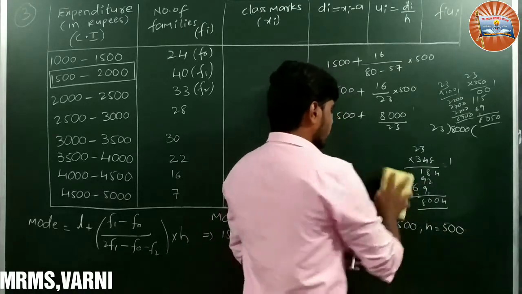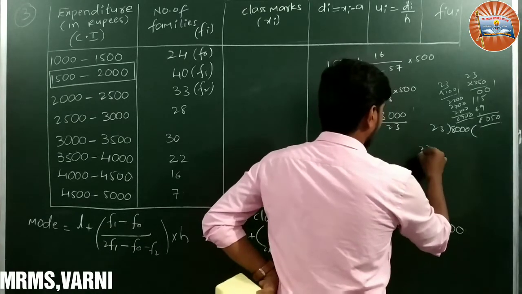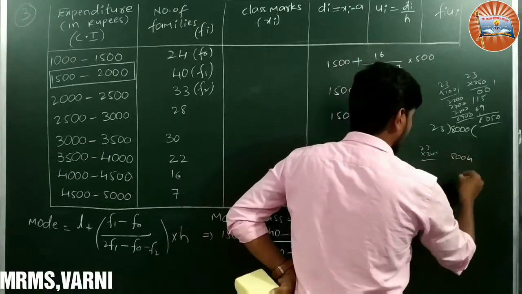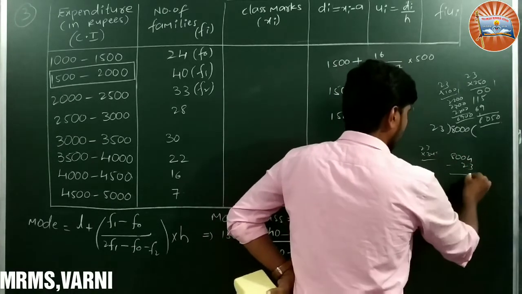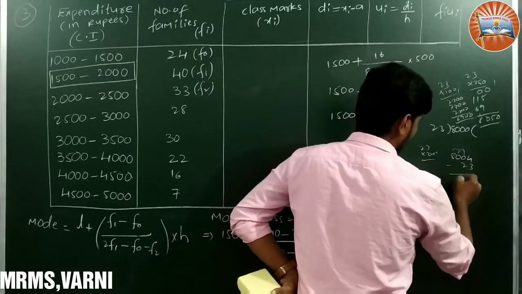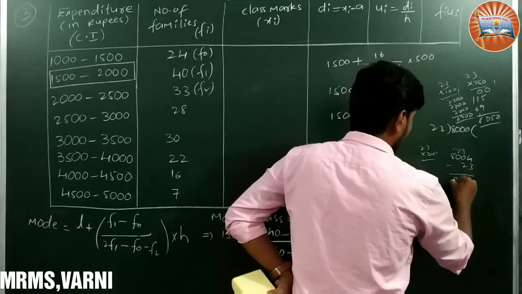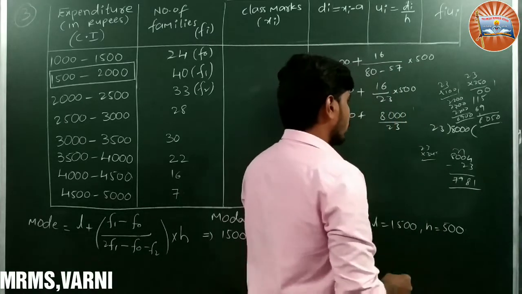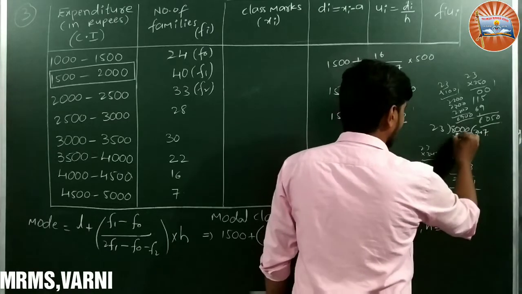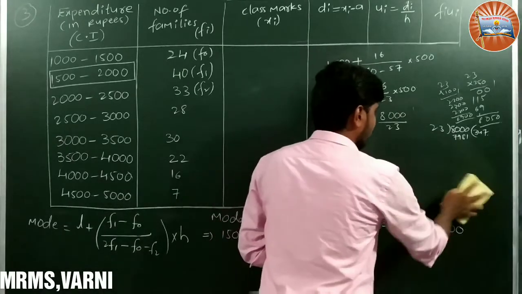Now we go for 23 into 347. Subtracting 23 gives 7981. So 23 into 347 is 7981.